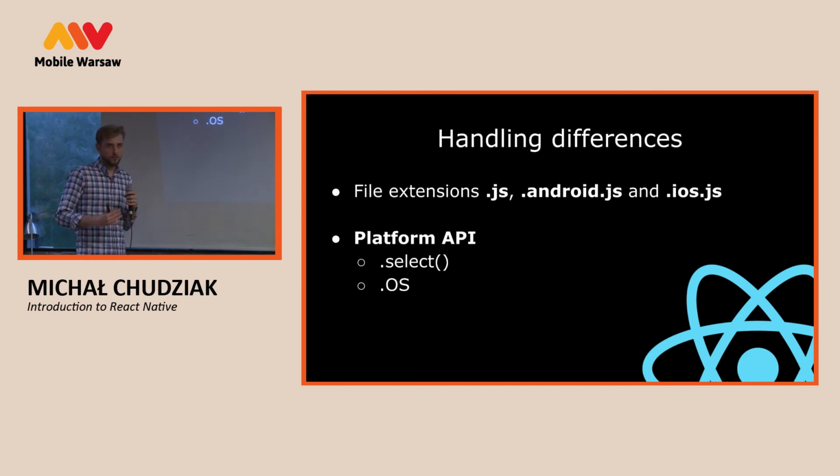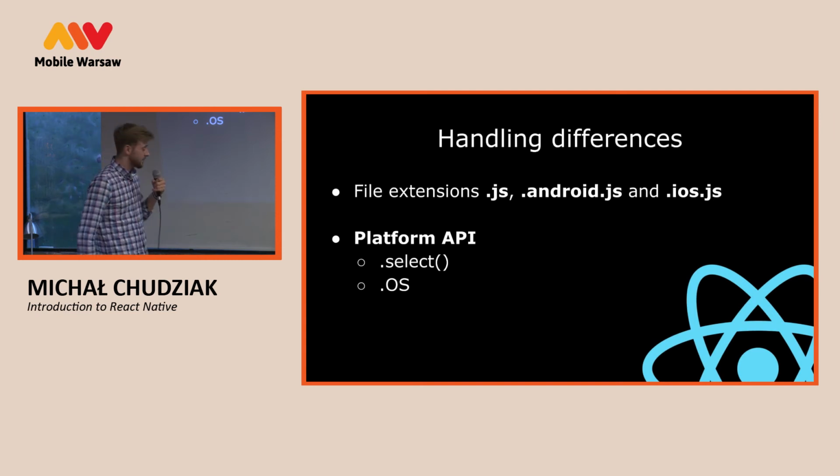So if you want a component to look different on Android, then you can place it in an android.js file and the iOS version in an iOS.js file, and the proper version will be loaded.